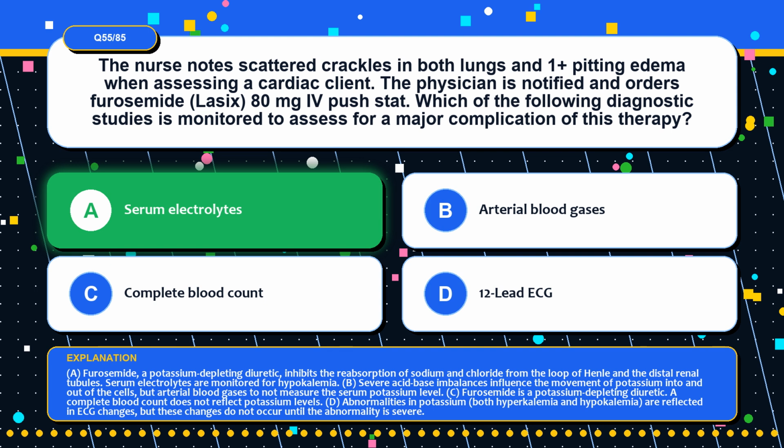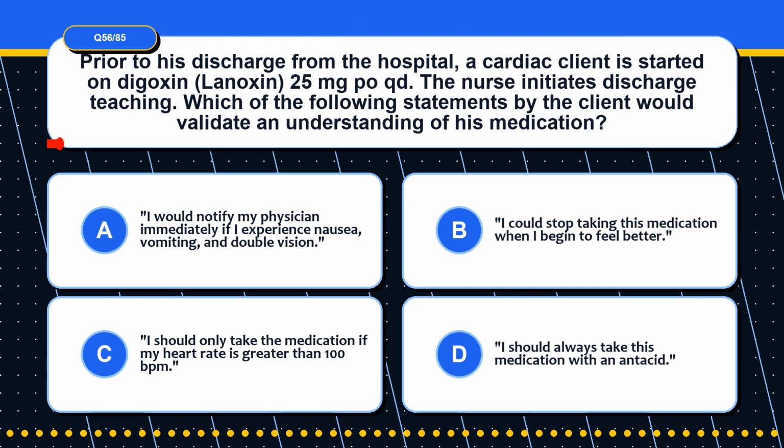C. Furosemide is a potassium-depleting diuretic. A complete blood count does not reflect potassium levels. D. Abnormalities in potassium, both hyperkalemia and hypokalemia, are reflected in ECG changes, but these changes do not occur until the abnormality is severe.